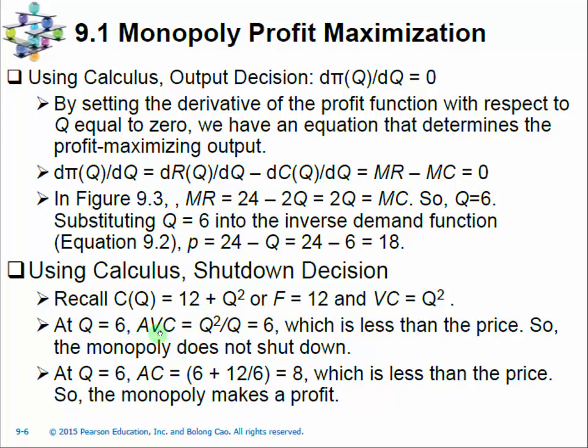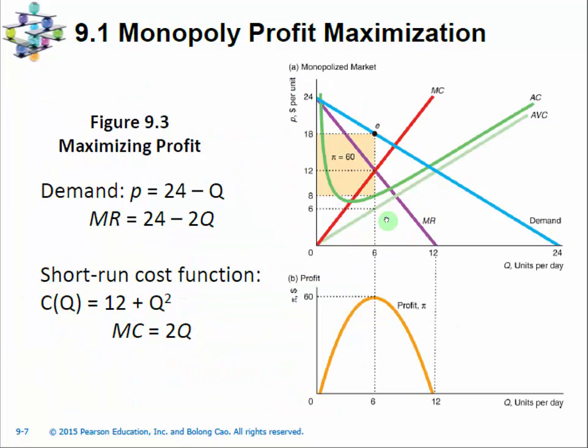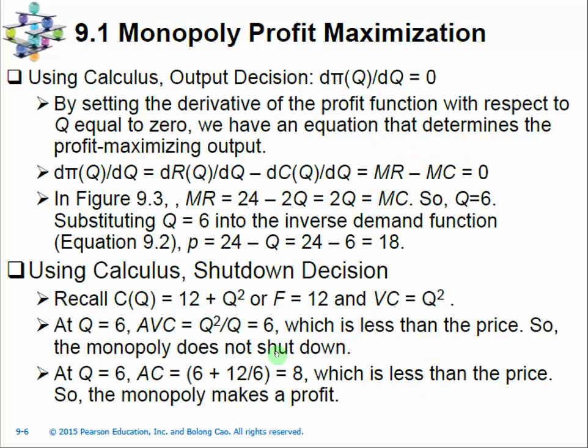Then the average variable cost is the variable cost Q squared divided by Q. Q squared divided by Q is just Q. Q is 6, so the average variable cost is 6. 6 is less than 18, and we can clearly see that this price level is way above the average variable cost point here. So the monopolist does not shut down.